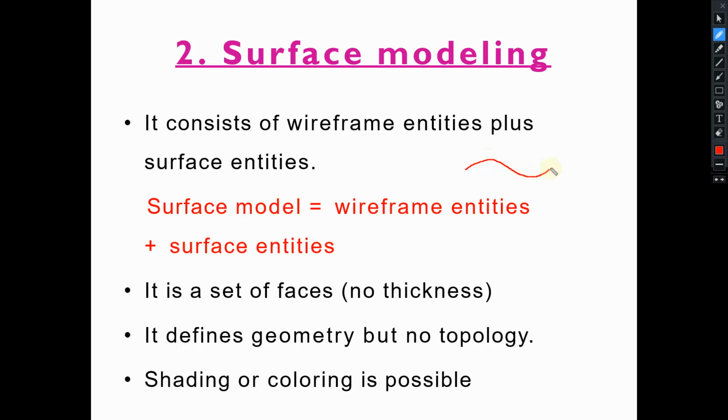For example, I have created a spline. Now if I have to create a surface in a similar shape, I can give the create surface option in that particular software, and it will generate a surface like this of that particular shape.